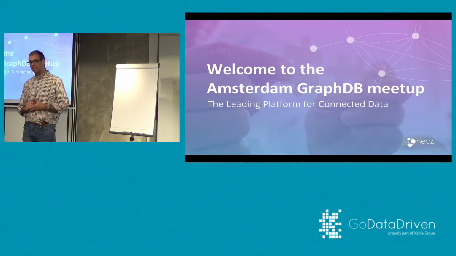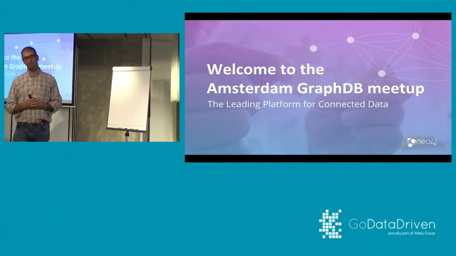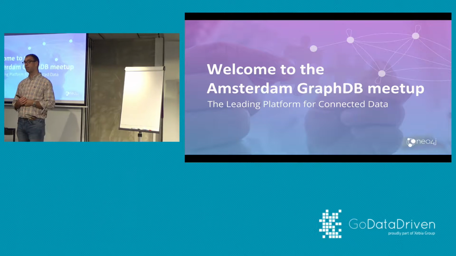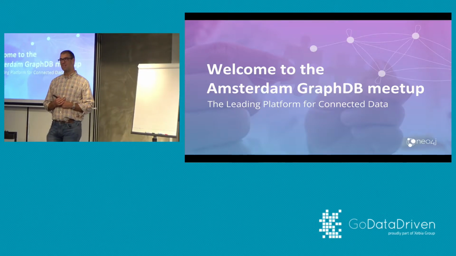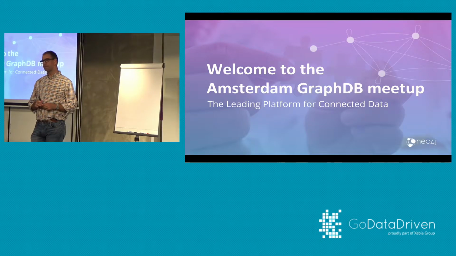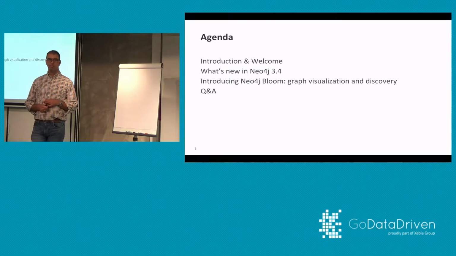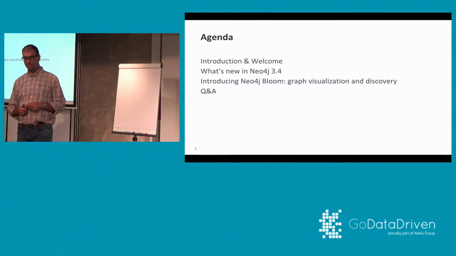But before summertime, we felt like we had a lot to say, because there's a lot of new stuff coming out in the graph database market in general, but also at Neo4j. A lot has happened in the past 6 months, and we're going to do tonight's meetup around 2 topics.